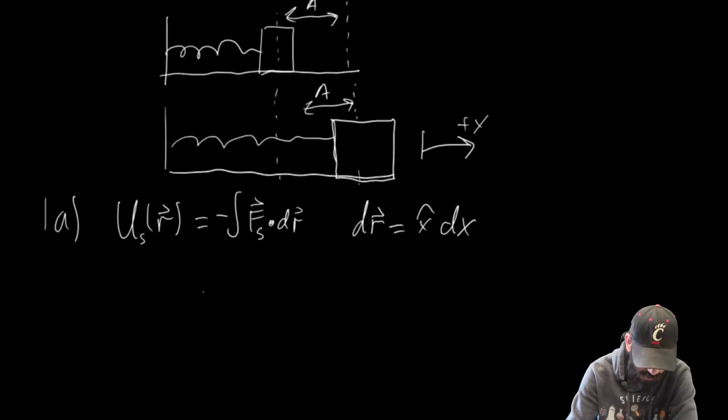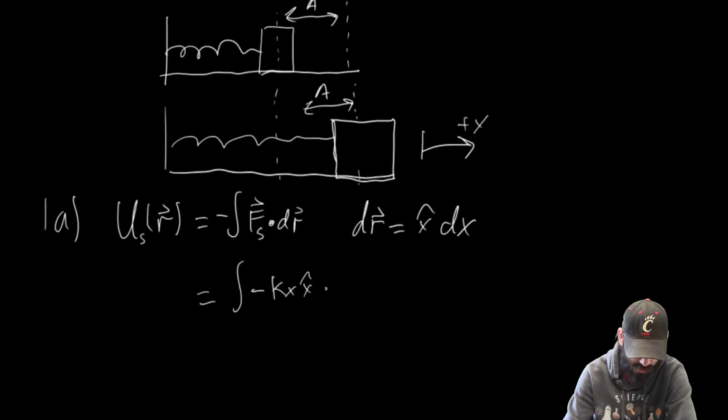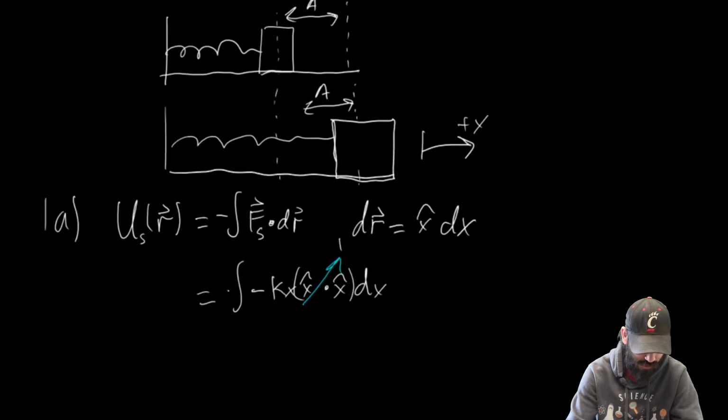And so this says this is going to be the integral of the spring force, which is minus kx x hat dot x hat dx. The dot product between x hat and x hat is 1. And so this is going to have a negative sign on the outside.